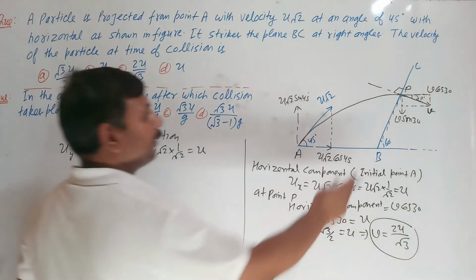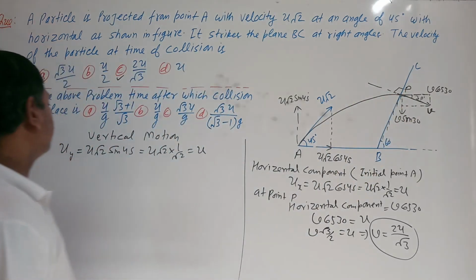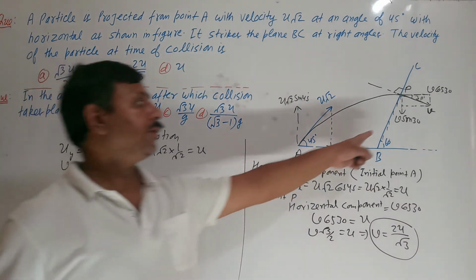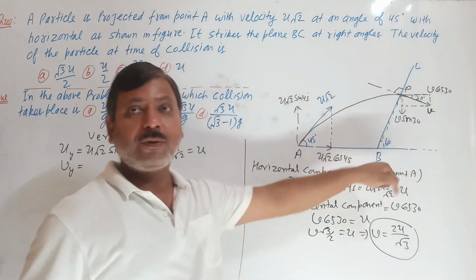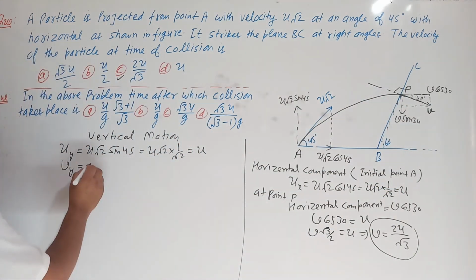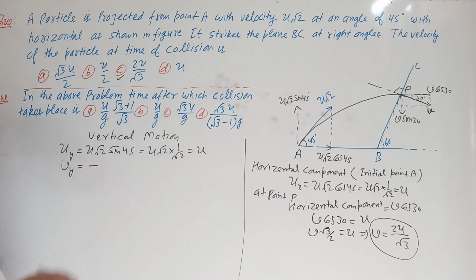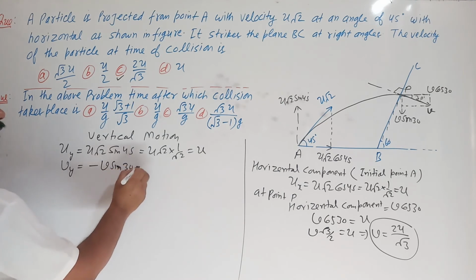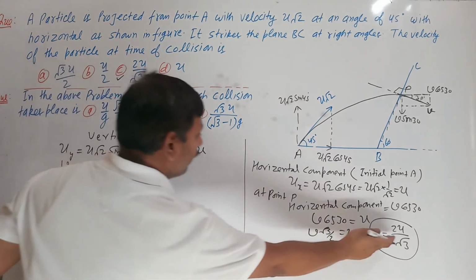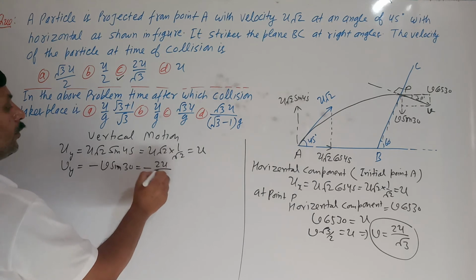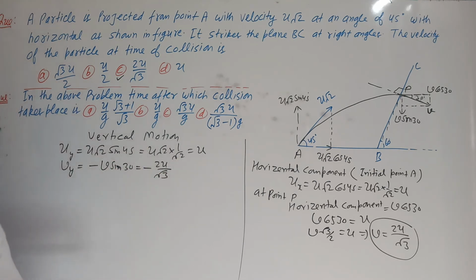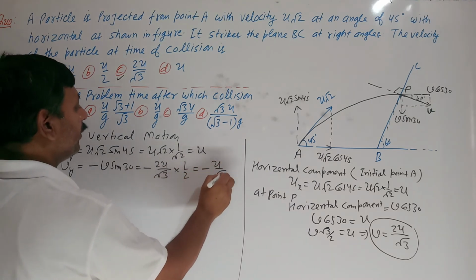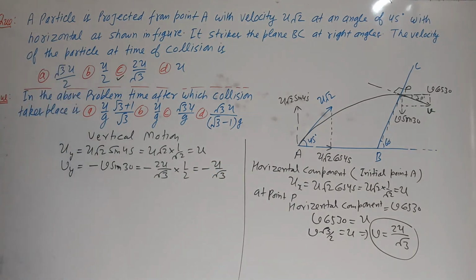The velocity at point P, vy, that is the v sin 30 component, and downward. So we will have to take it negative, downward is there, so v sin 30, and v we have found as 2u upon root 3, and sin 30 is 1 upon 2, so that is minus u upon root 3.